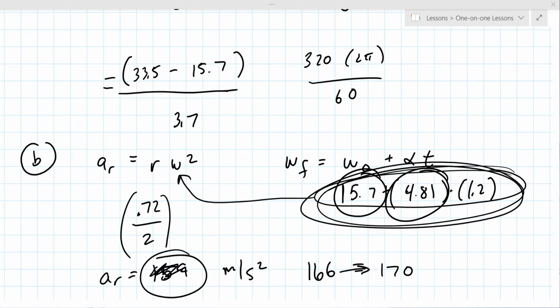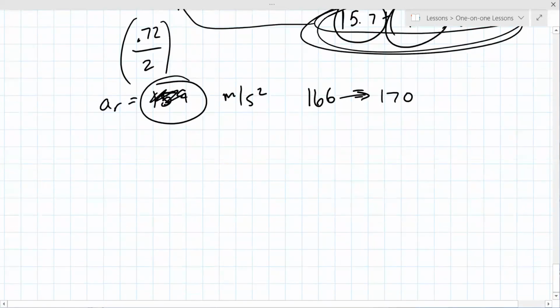On the C, your instructor would give you full credit for this if this was a paper test. You're close enough, and that's what real physics is. Part C, this a tangential is R times alpha. Your R we already have, it's 0.72 divided by 2.